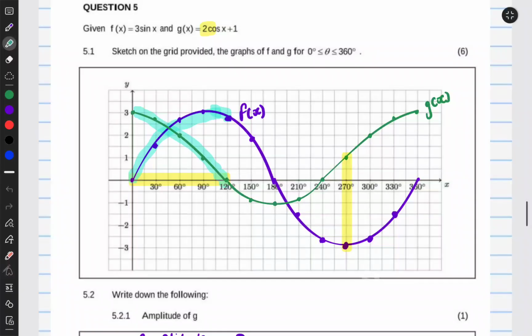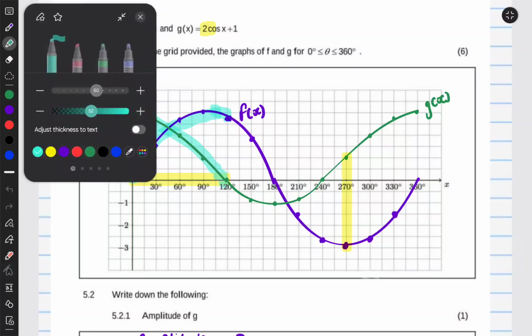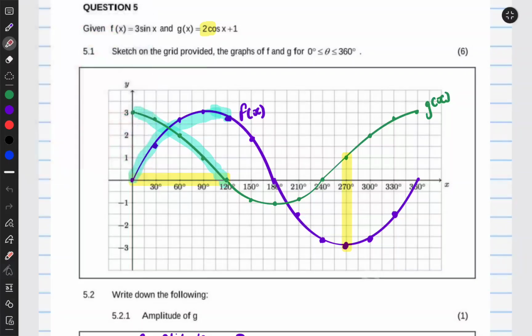But once we get to 120, g at x goes below, so we have a negative g at x and a positive f at x. A negative and a positive is not going to work. So from 120 to 180 it's not going to work. Those values are not going to be included.